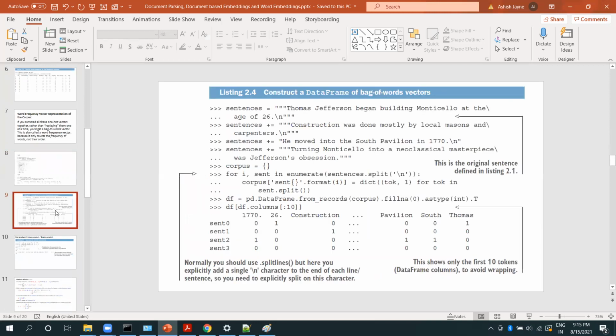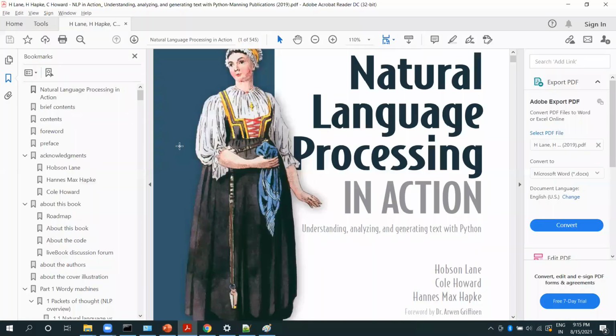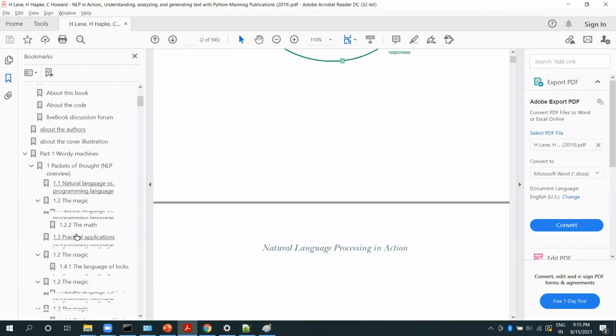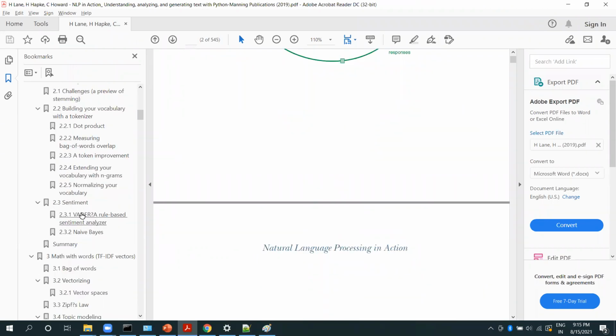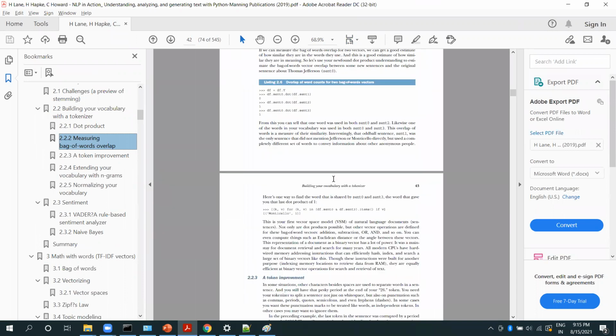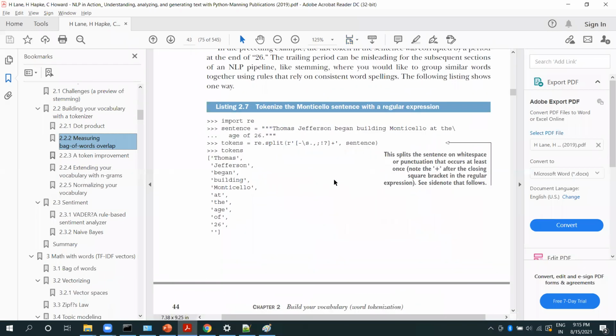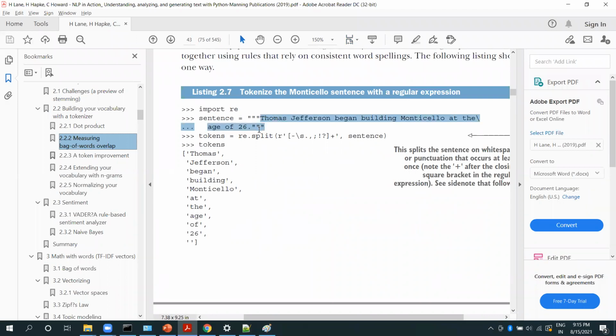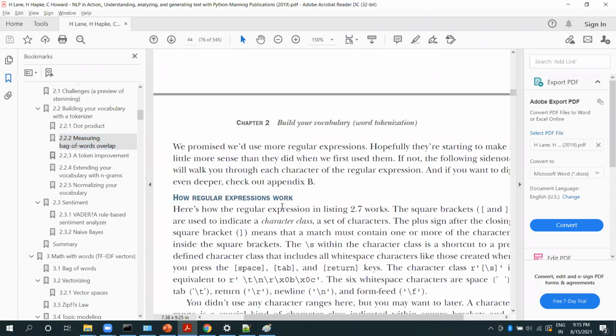But if we have more than one sentence, like this one over here, let's say we have a couple of sentences here. Thomas Jefferson, listing 2.7. This is the first sentence as we were seeing.